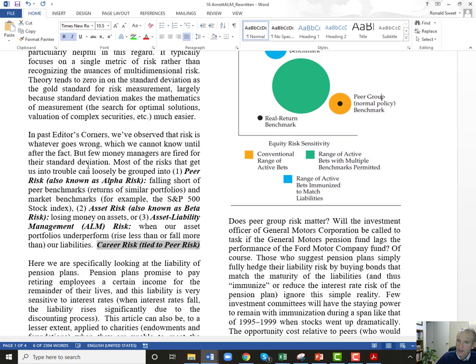Or it's the risk that your pension plan's stock portfolio is up 7% when the S&P 500 is up 8%. That's pure risk. It's also known as alpha risk. It's the risk that you underperform some benchmark. And you get alpha risk because you're trying to beat the market, so you make some bets. Maybe you allocate more to small company stocks, and small company stocks don't do well, big company stocks do well, and so you have relative bad performance. That's called peer risk or alpha risk.